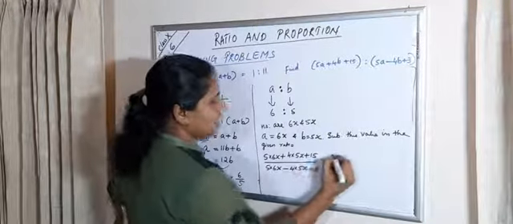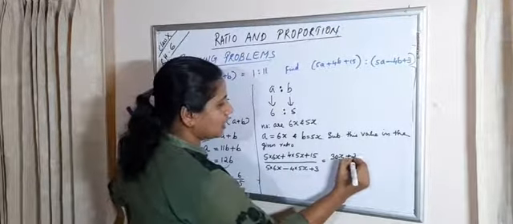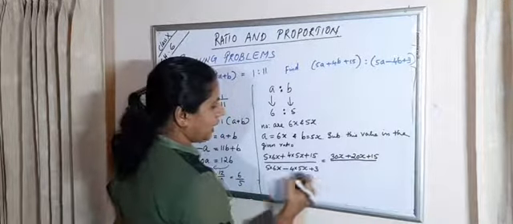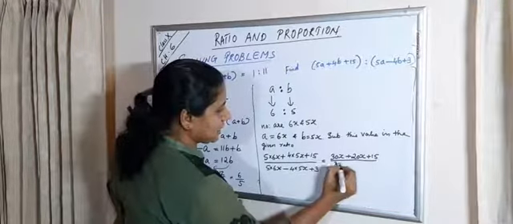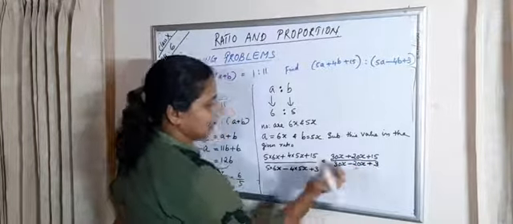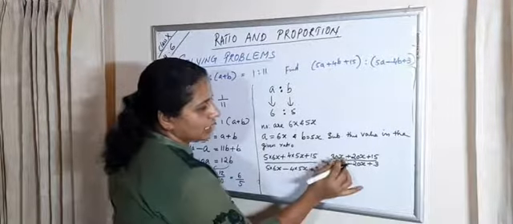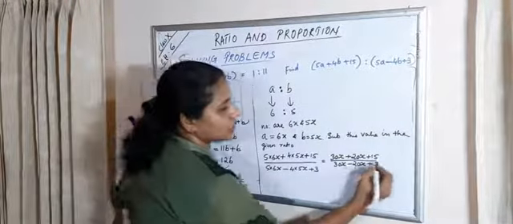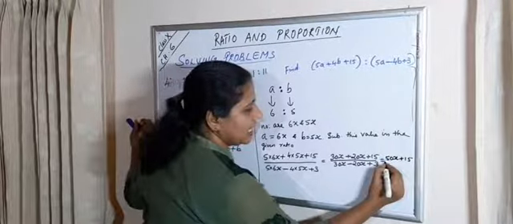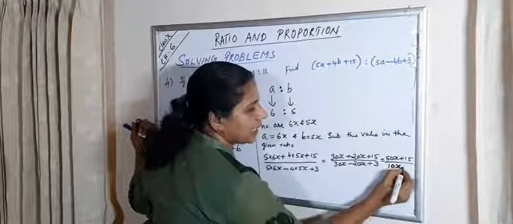That is equal to 30x, 6 fives are 30x, plus 20x plus 15 divided by 30x minus 20x plus 3. Okay? That is 30x plus 20x is equal to 50x plus 15 divided by 30x minus 20x, that is equal to 10x plus 3.